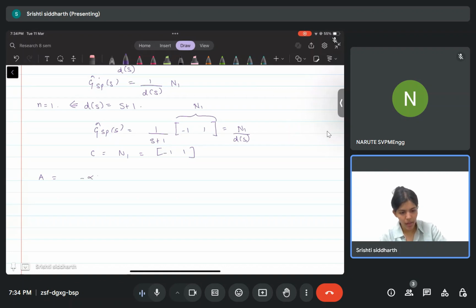This is minus alpha I equals 3 alpha 1. So these are identity matrices of size k by k, minus alpha n by k.